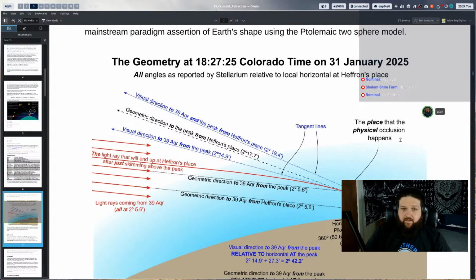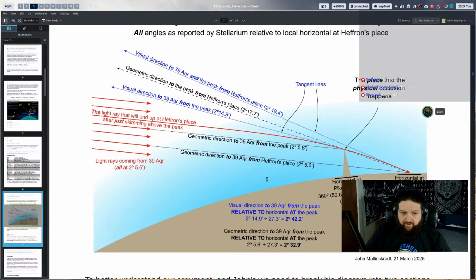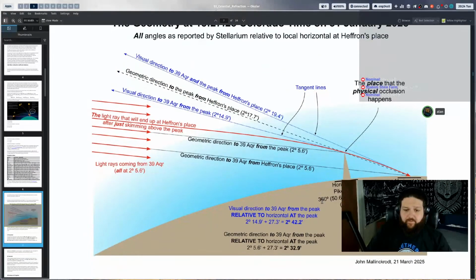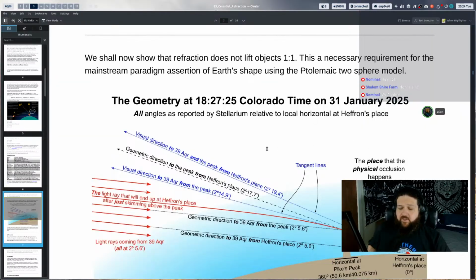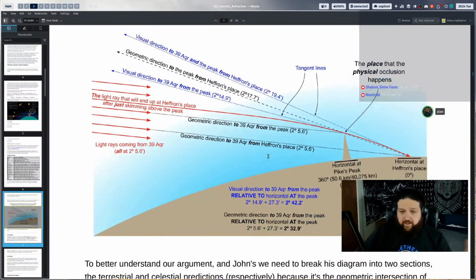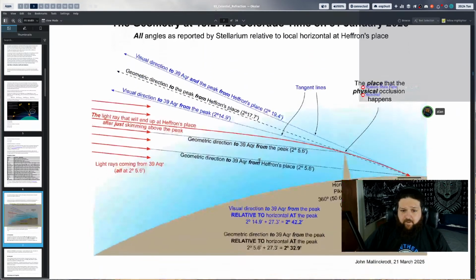So yesterday, I read off what I'm going to go over here now, and John said that this was an accurate representation of his position. And it's not necessarily just his position. This would be the only tenable position for the globe based on the principles of how they understand refraction in terms of it lifting up things one to one, like how they claim for terrestrial refraction. And we'll get into the effects of how that's possible and what that means, and how untenable the position is that's put forward for the globe explanation.